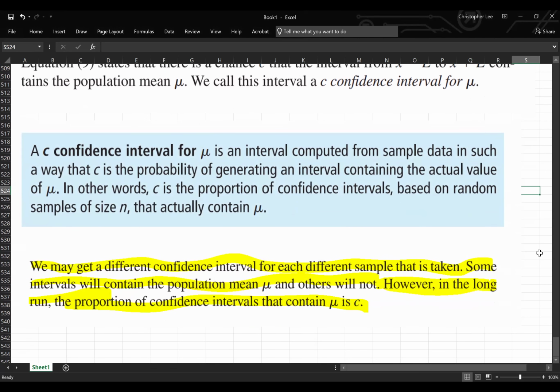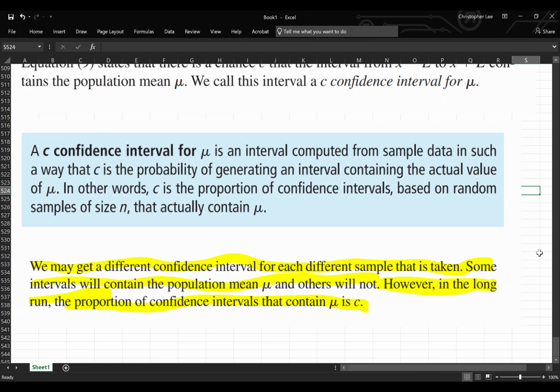A C confidence interval for the population mean mu is an interval computed from sample data in such a way that the confidence value is the probability of generating an interval containing the actual value of the population mean mu. In other words, the confidence value is the proportion of confidence intervals based on random samples of size n that actually contain the mean mu.